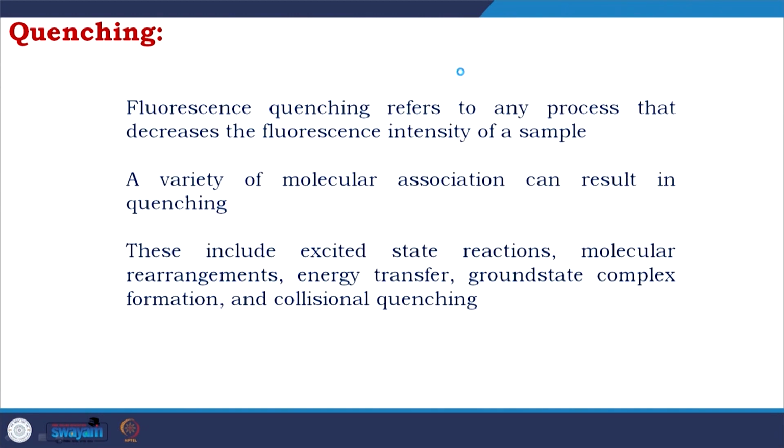Coming to quenching, fluorescence quenching refer to any process that decreases the fluorescence intensity of a sample. A variety of molecular association can result in quenching. This include excited state reactions, molecular rearrangements, energy transfer, ground state complex formation, and collisional quenching.